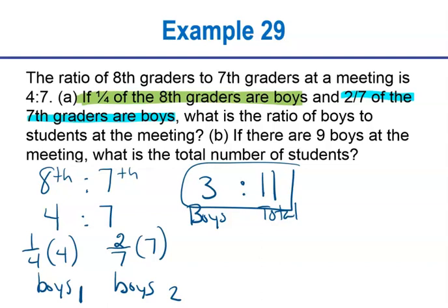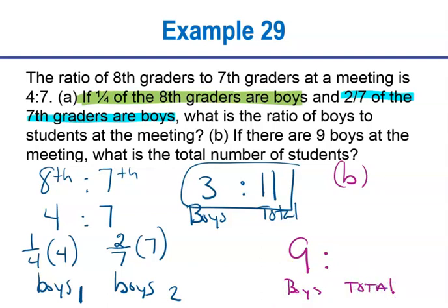Now, if we keep going, question B says, if there are 9 boys at the meeting, what is the total number of students? So we've got 9 boys. Over here is going to be total number of students.